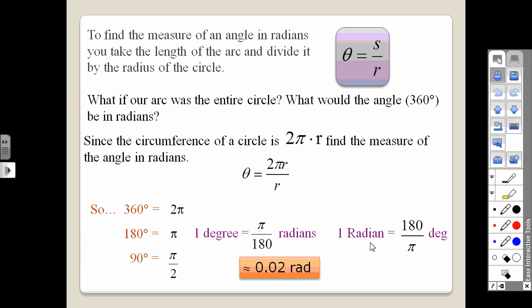Likewise, if we want to see what 1 radian is equivalent to in degrees, we take 180 divided by 3.14, and we get 57.3. So almost 60 degrees for a radian. Pretty interesting. Okay, so let's take a look at some questions that you're going to have to do to convert.